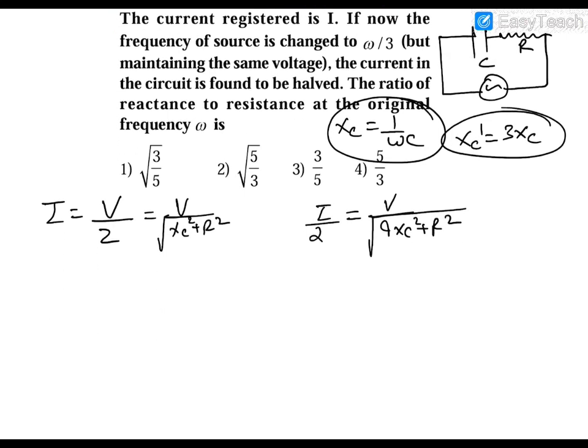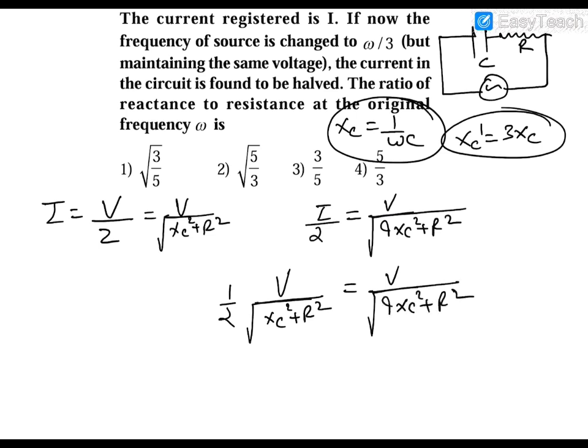And I is V upon under root of XC square plus R square, and there will be 1 by 2 also, and it is equal to V upon under root of 9 XC square plus R square.